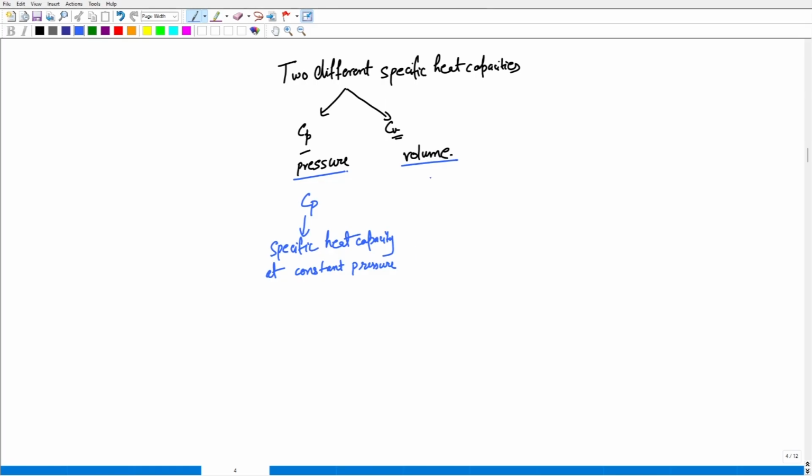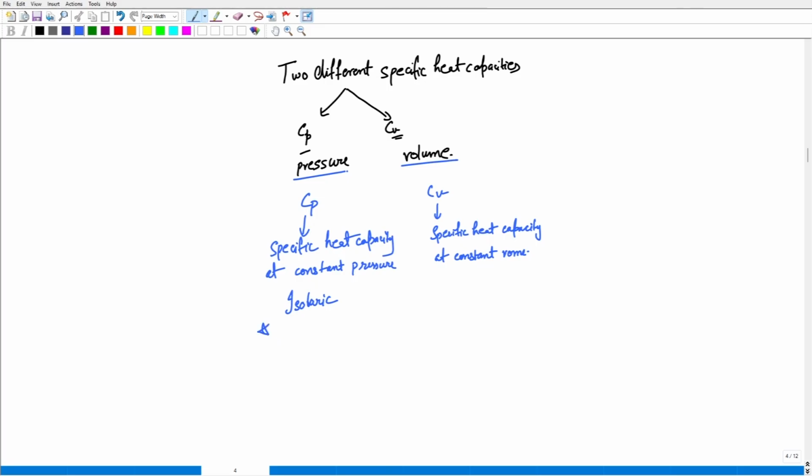and Cv means specific heat capacity at constant volume. Both of them are defined in a similar way, Cp and Cv, but Cp is used when the process is isobaric.